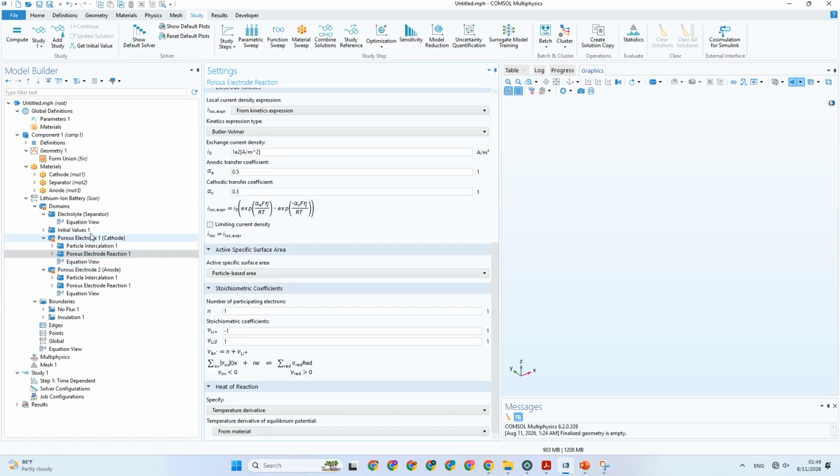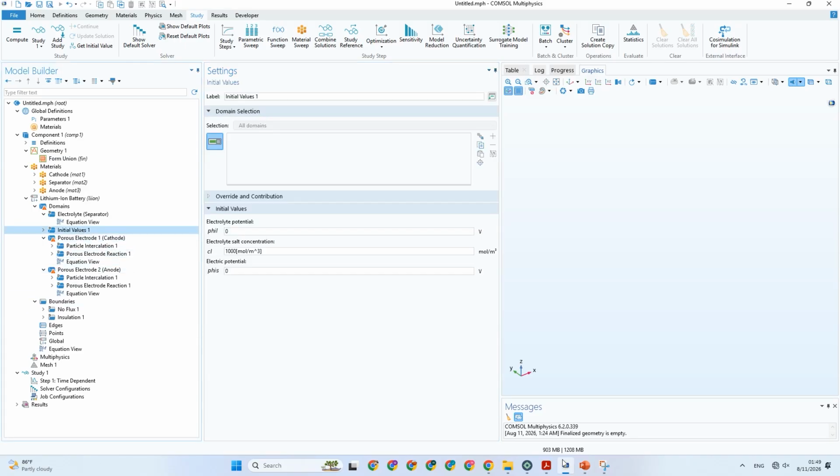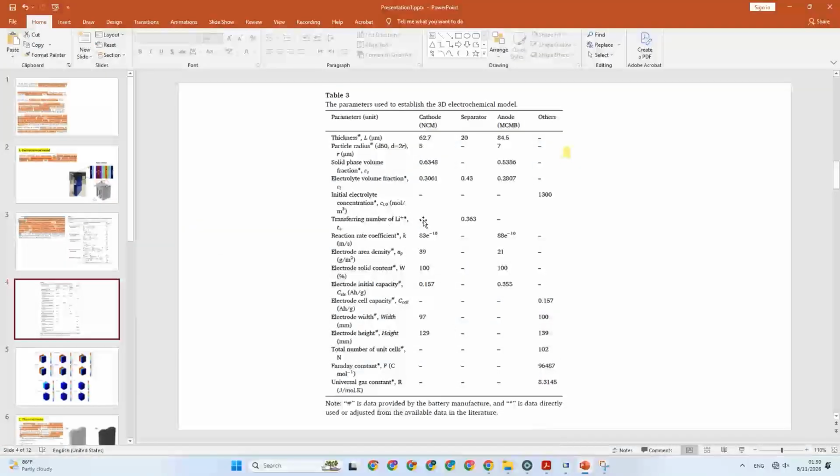Okay, I understand. This is why it isn't defined, but it will be defined automatically. And also we have seen a note. Look at this: is data provided by the battery manufacturer, and is data directly used or adjusted from the available data in the literature? Okay.